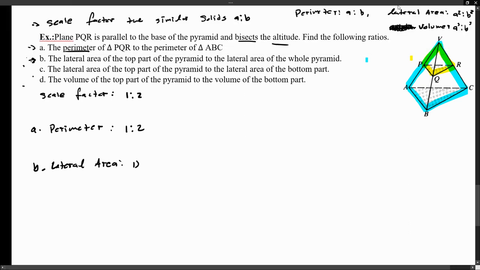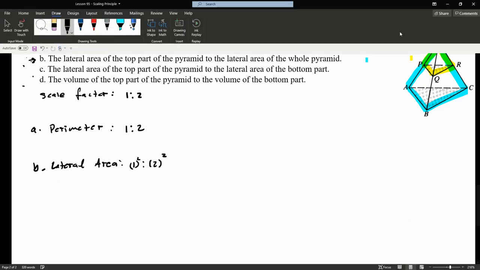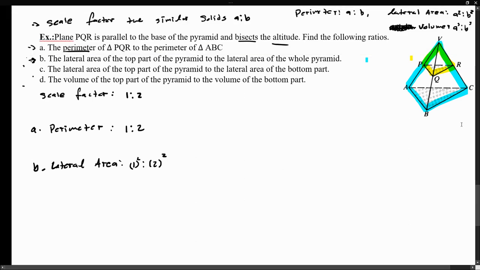It must be 1 squared to 2 squared. And what do we get from that? Well, this is just 1 to 4. So now we know that the ratio of the lateral areas of the upper solid to the lower solid is going to be 1 to 4. So that takes care of B.